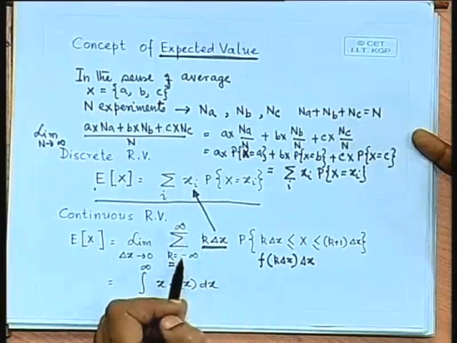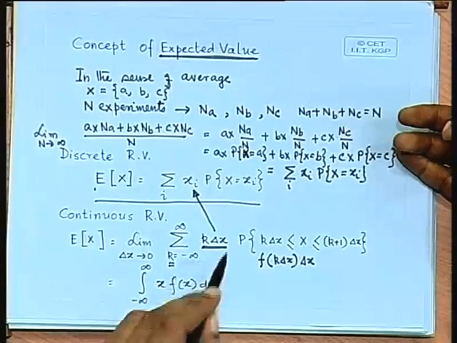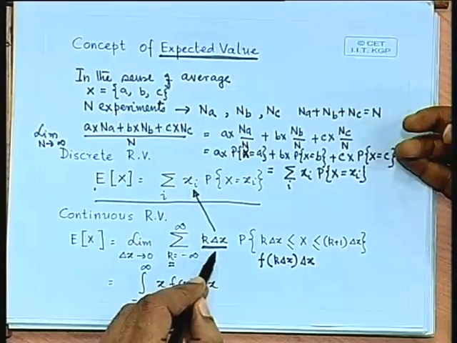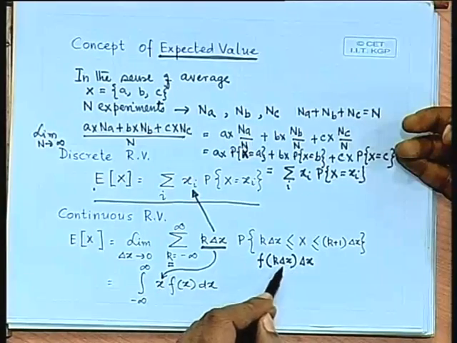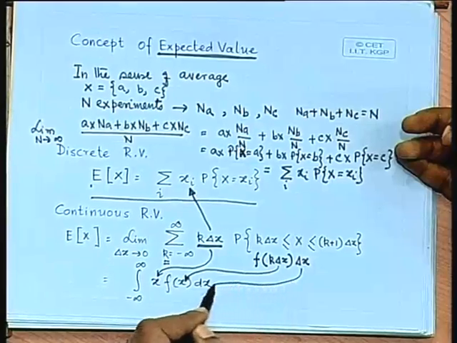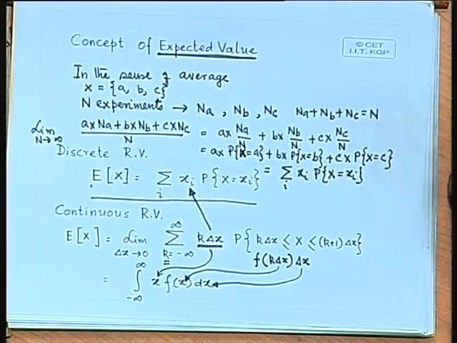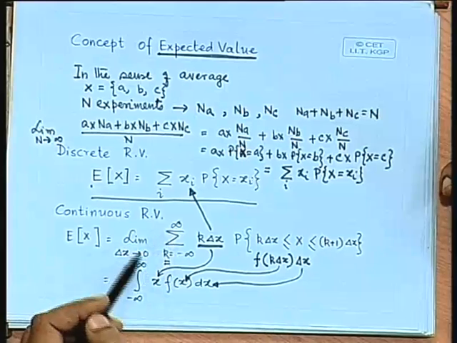This sum, from k equal to minus infinity to plus infinity, if we replace k delta x by the value x, and delta x by the differential dx, and take delta x tending to 0, this sum will become an integral.